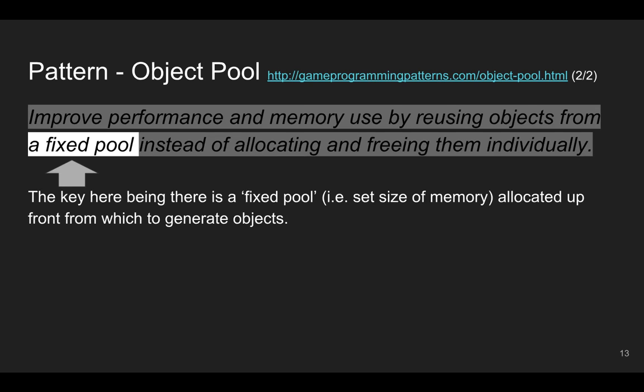Okay. So the real key here, just on term, is you have a fixed pool of memory, something that you've allocated, again, up front. While your game's in the loading screen, you just say, this is how much memory I'll need. And that's where you're going to generate your objects from. Okay, so you don't have to go into the system and ask for memory again.